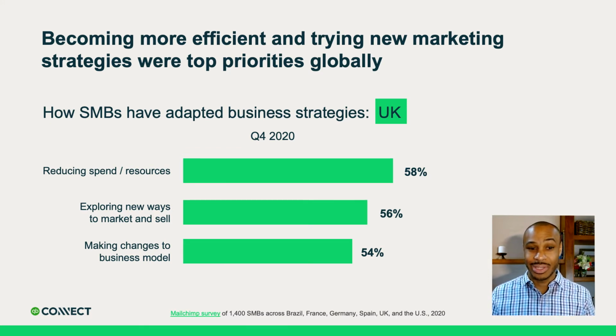So this includes things like reducing spend and reducing potentially your resourcing. This includes exploring new ways to market and sell your products. This also includes making changes to your business models, and I'll talk a little bit about what that could mean later. But we're seeing similar trends globally to what we're seeing here in the UK in how people are looking to become more efficient with their marketing and potentially a little bit more experimental.